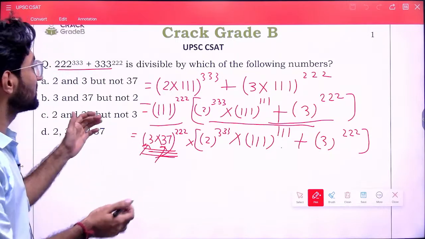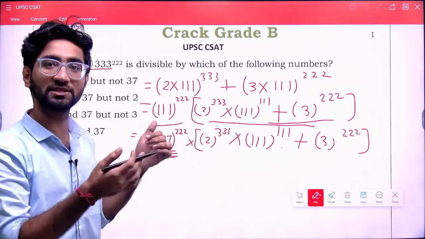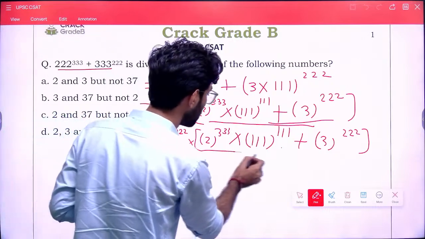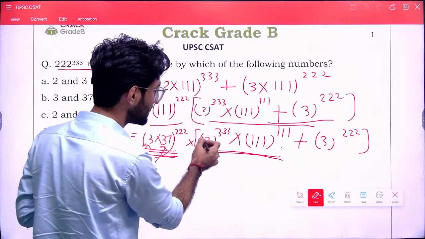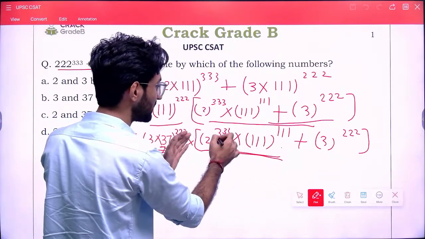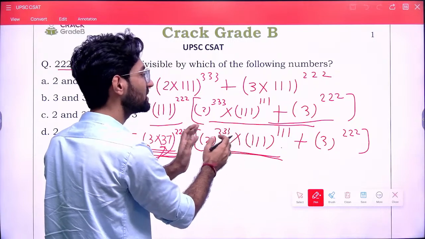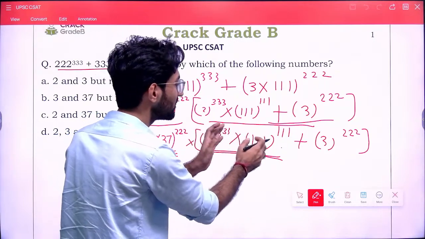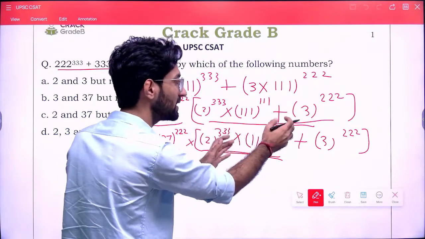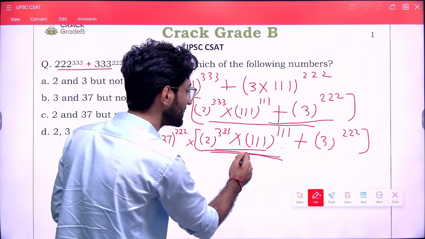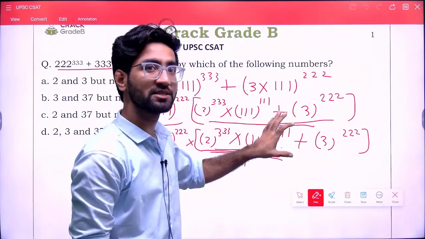So we have to check whether the given number is divisible by 2. If you look at this part, we can see that it is an even number, right? 2 to the power 333 is an even number. So even if you multiply this number with 111 to the power 111, again this part is an even number. So this part is divisible by 2.